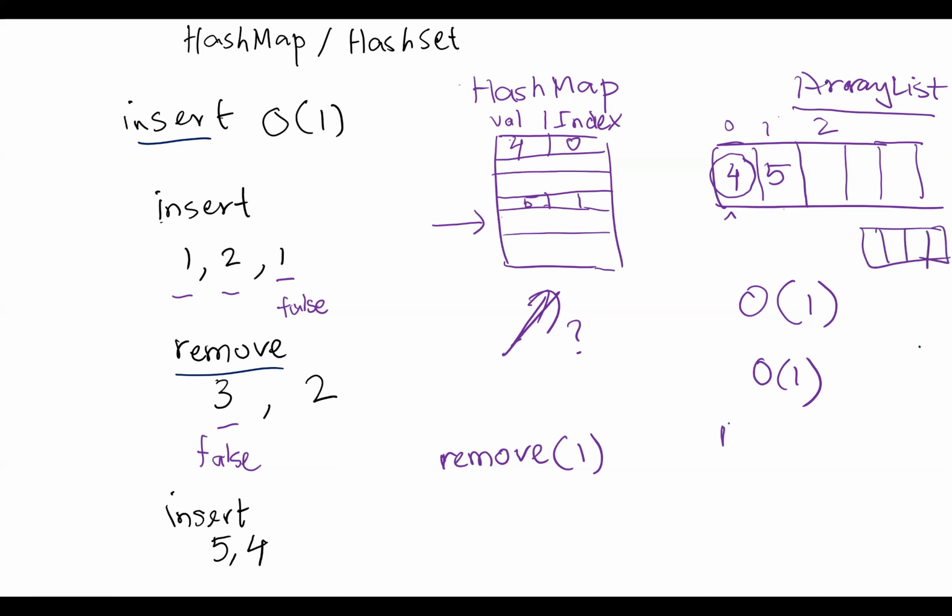But the amortized operation, if you read about the array list, is order of one. So anything you do on an array list is on average order of one. I hope now you understood how combining a hash map with an array list actually works.